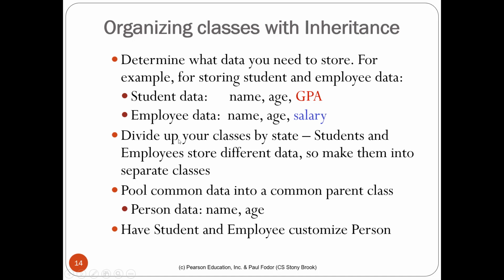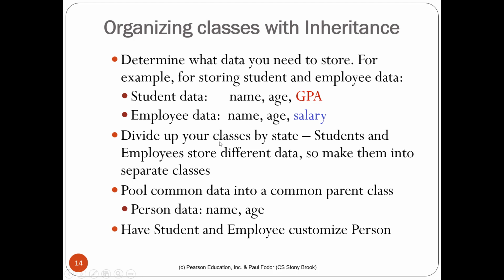Similarly, for employee, you'll have the name of the employee, age of the employee, and salary. So once you have come up with this data level information about the different objects and the classes you have to design for your program, then you should look at the common properties of these objects.